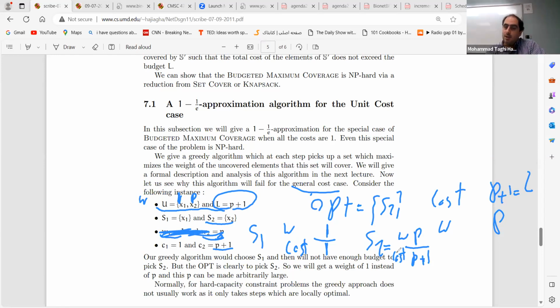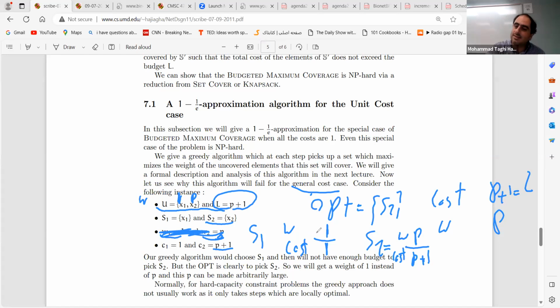So it seems that actually S1 is more efficient because the cost is exactly 1, versus the other one for S2, where the normalized weight would be less than 1.